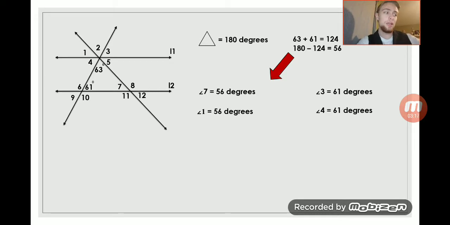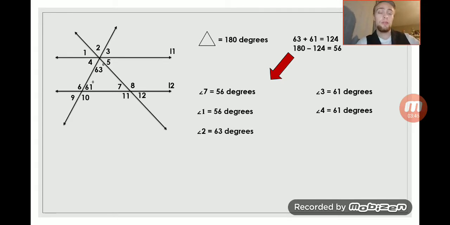And the reason that angle 4 is 61 degrees is because angle 4 and angle 3 are opposite vertical angles. And what that means is that they are the same angle, they're simply opposite of each other. So 3 is 61 degrees. So angle 4 is opposite but equal. Therefore, it is also 61 degrees.